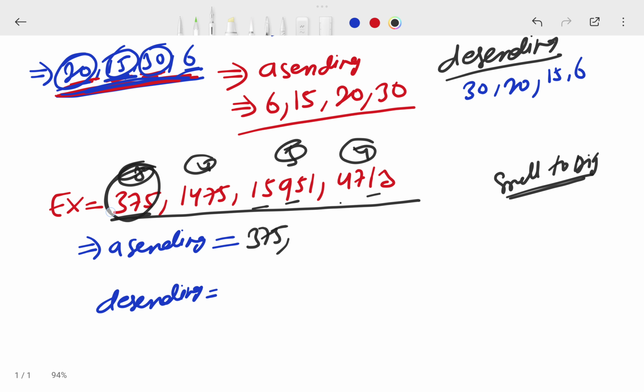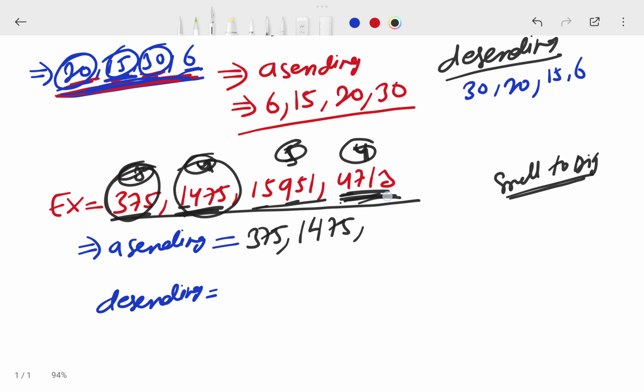Okay, this is over. After that, this is 4 digits, and this also is 4 digits. This is 1475, this is 4000, this is 1000, this is 4000. Which is smaller? Of course 1000, right? 1475.